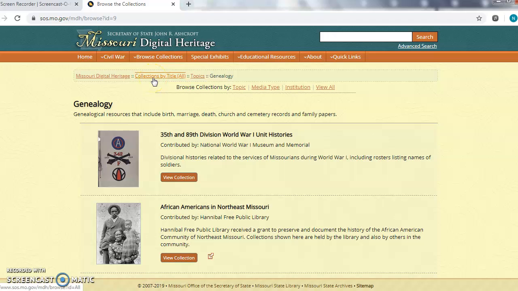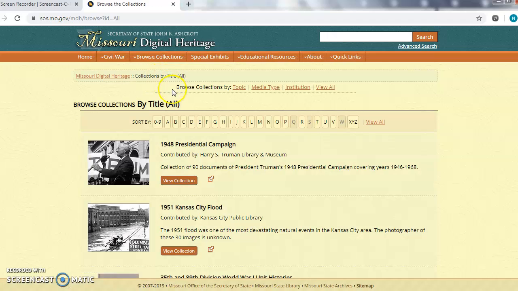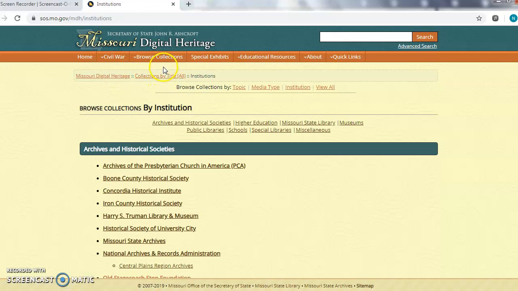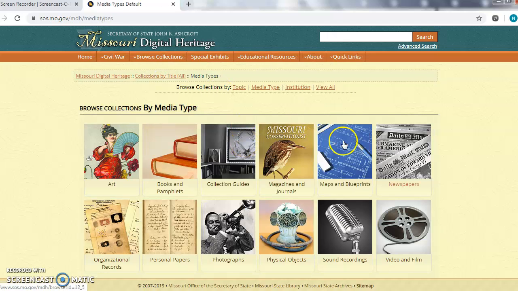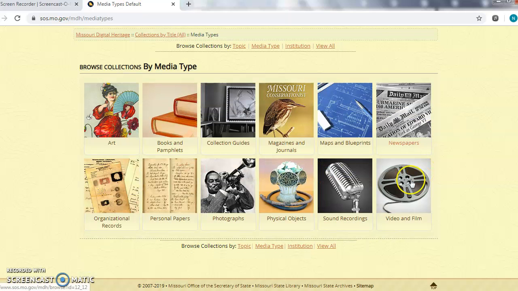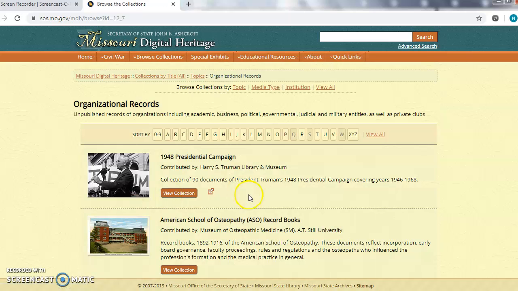There's many collections in here, and you can look at them by institution, you can look at them by media type. There's newspapers, personal papers, photographs, magazines and journals, video and film, sound recordings, art, organizational records, lots of different things.